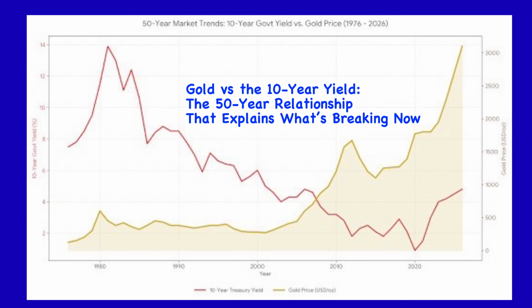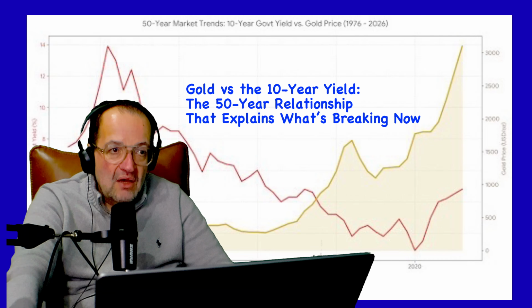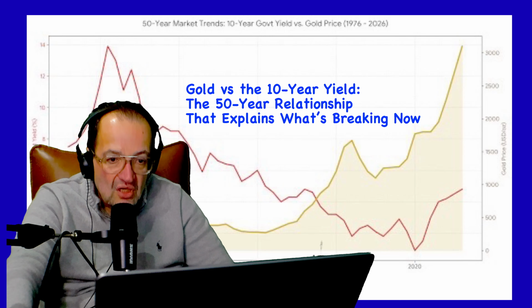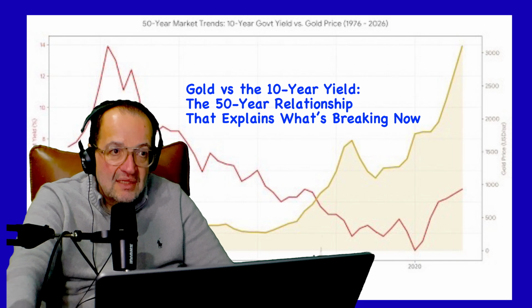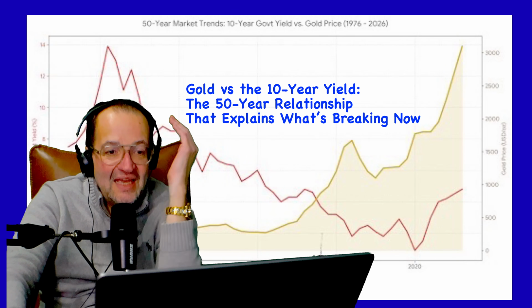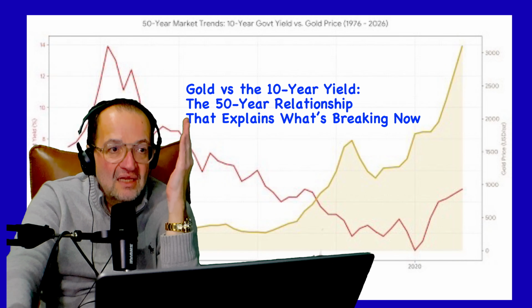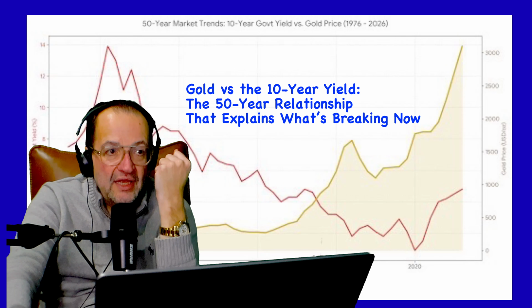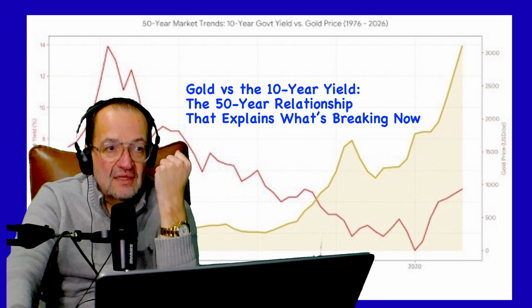So in 2000, you have a critical shift. And now watch closely as we move into the early 2000s. Yields continue falling, but something changes. Gold starts to rise. This is important because for the first time in decades, yields are falling and gold is rising.